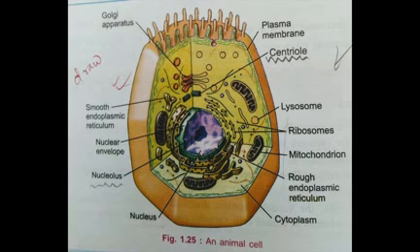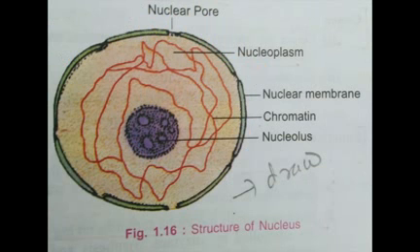Now the nucleus is surrounded by its own double-walled nuclear membrane and is always surrounded by cytoplasm. Cytoplasm and nucleus together are termed protoplasm.